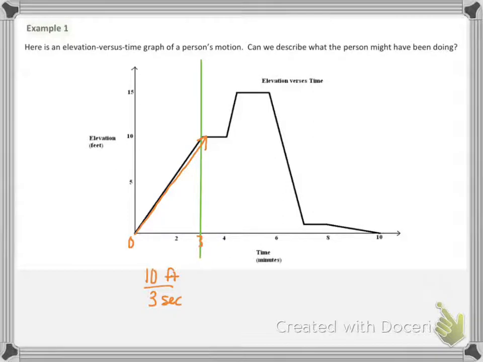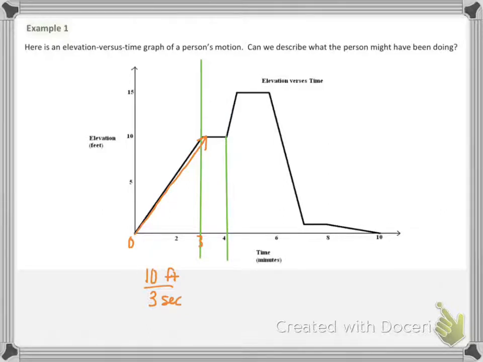And then our next time interval looks like it's about right here. I'm going to move that a little bit if I can. Let me see if I can do that. I can't. So anyway, from 3 to probably a 4. Let me try to get it in the right spot here.